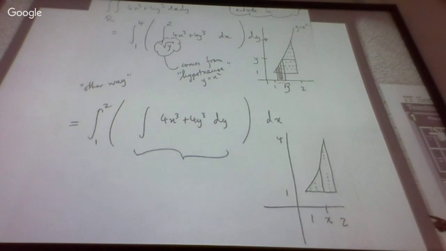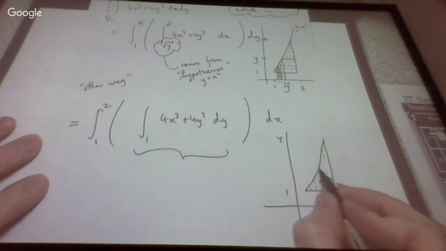Now you see here, they all begin at y equals 1, so we've got a simple constant lower limit for the y integral. But the end point of these vertical strips is not unique. That changes.